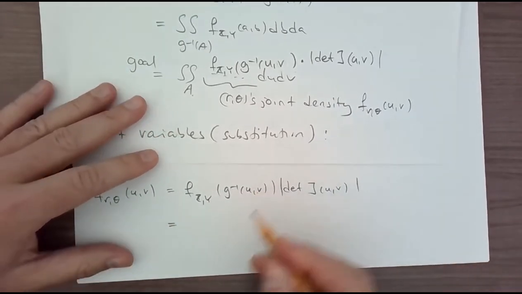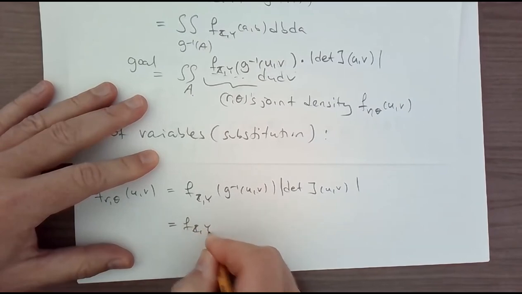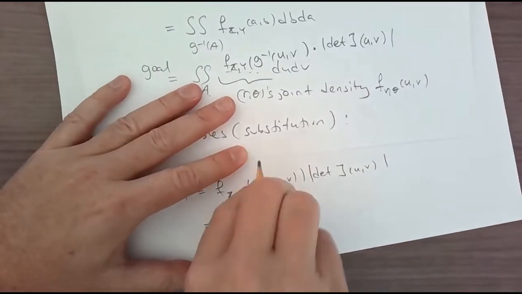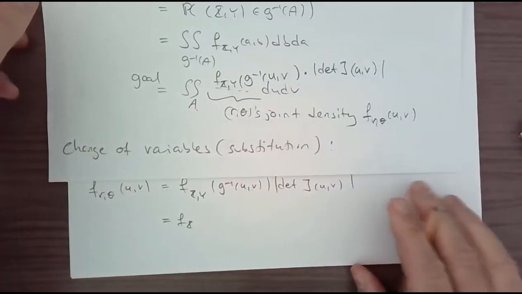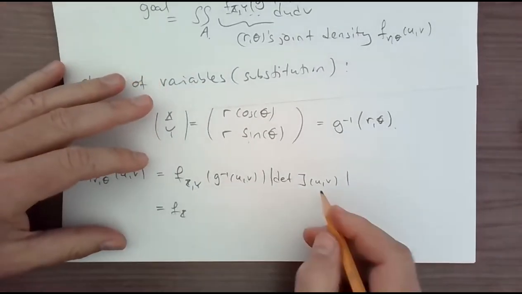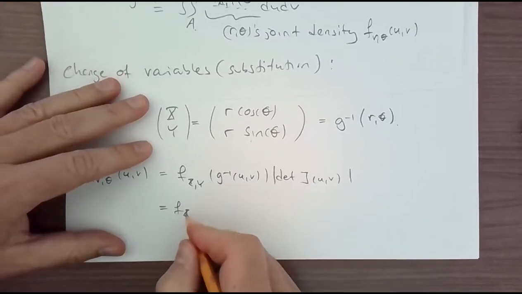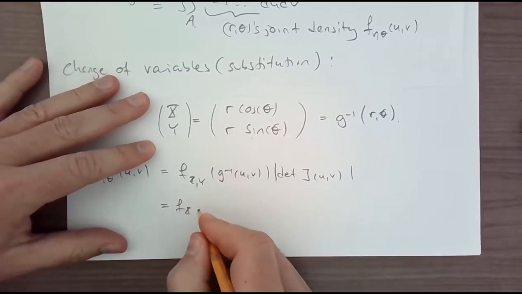First of all, they were given to be independent, so we can simply multiply the two individual densities.